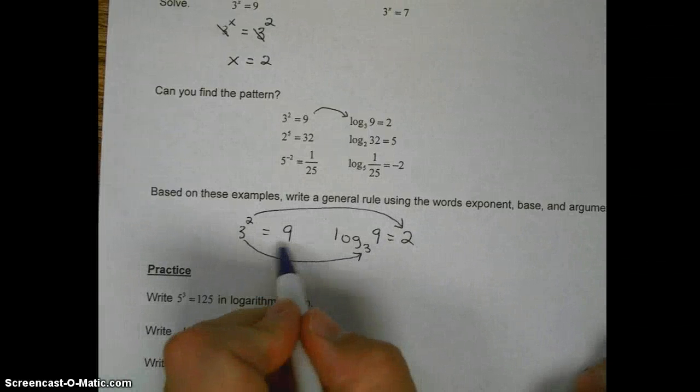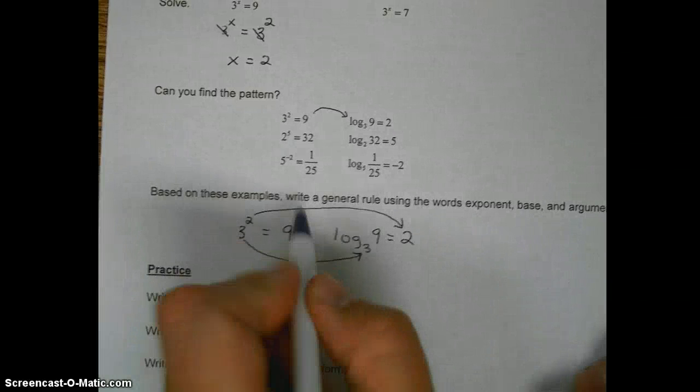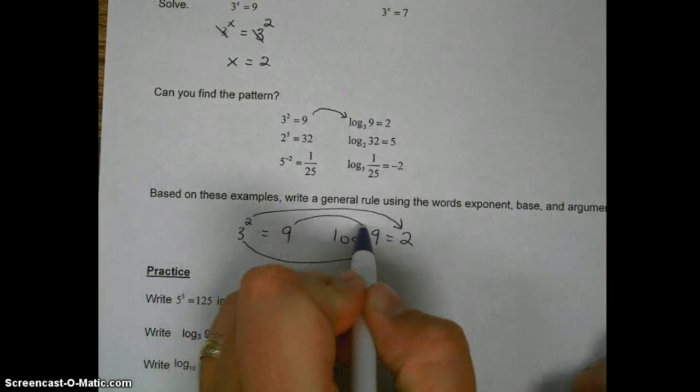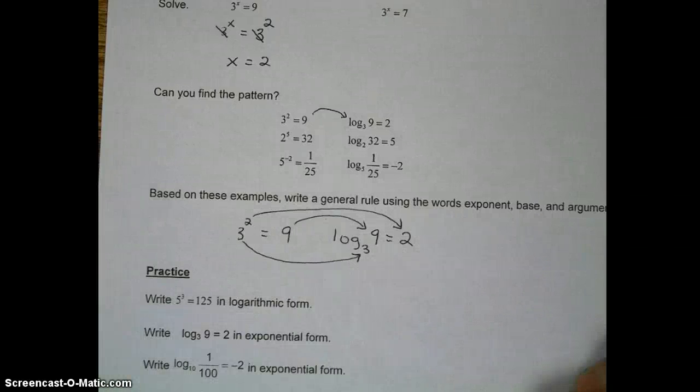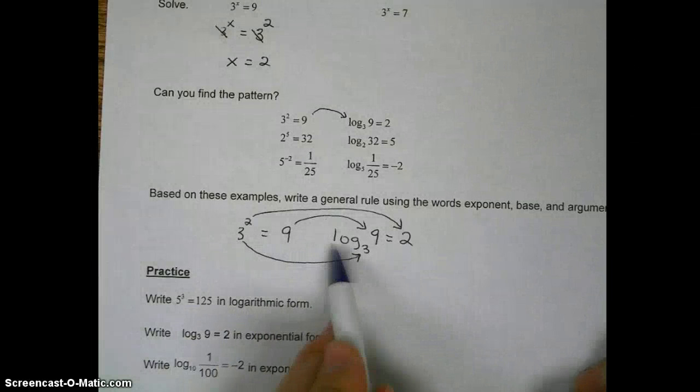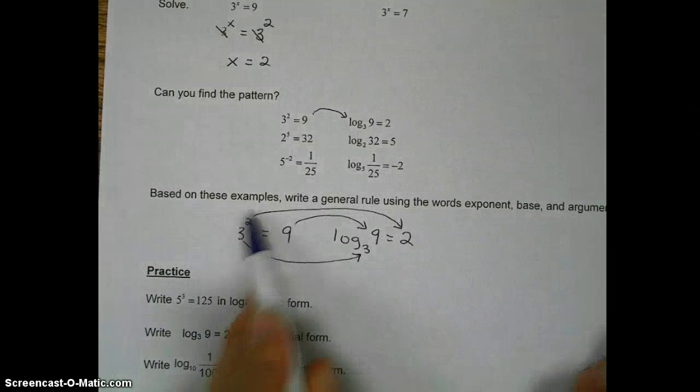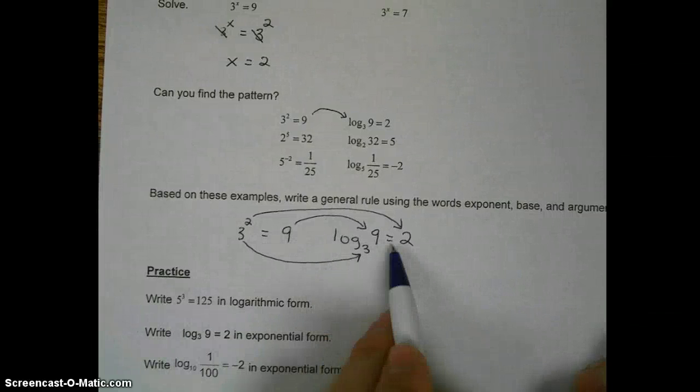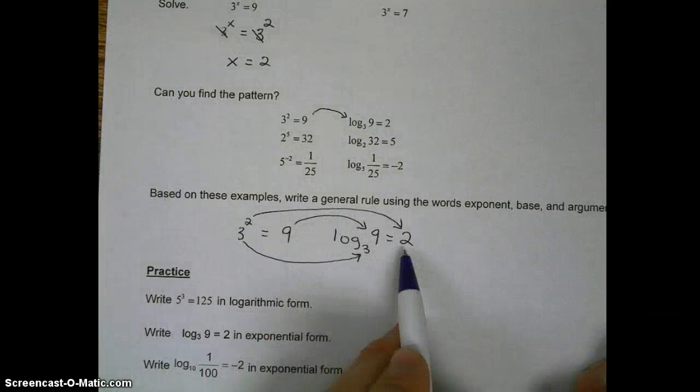And then the answer of the exponential became the argument of the logarithm. And that's how we rewrite an exponential function as a logarithmic function. That's where we put the numbers. These are the same, just written differently.